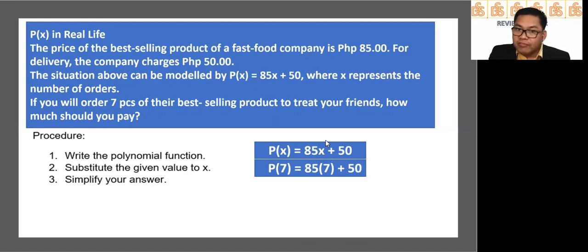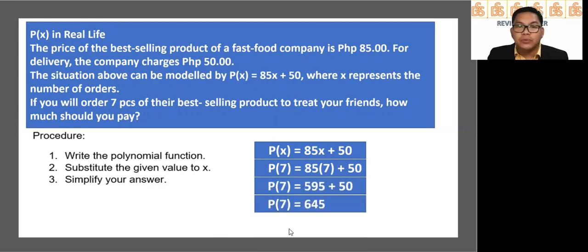So we replace x by 7. Then if we simplify this, 85 times 7 is 595, plus the delivery charge, which is 50. Then you have to pay a total of 645 pesos.